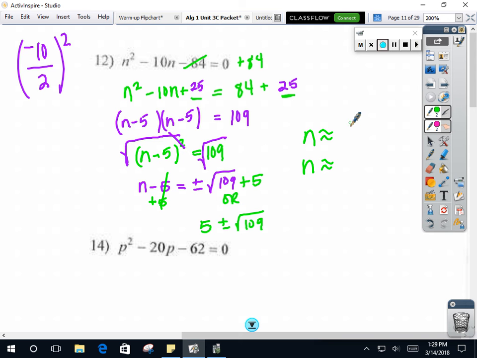The square root of 109, you're right, plus 5 should not be up under the radical. So 15.4 is correct. The 5 is outside. And then now we're going to type in the negative square root of 109 plus 5, and you do get negative 5.4.